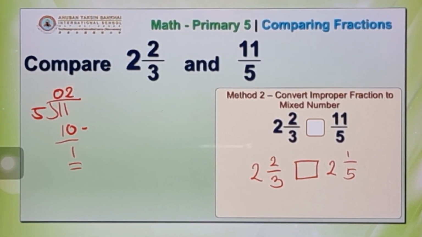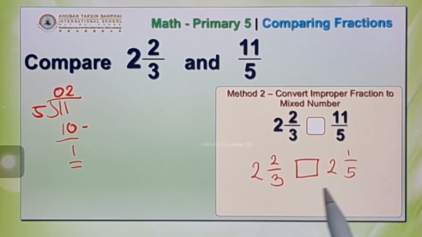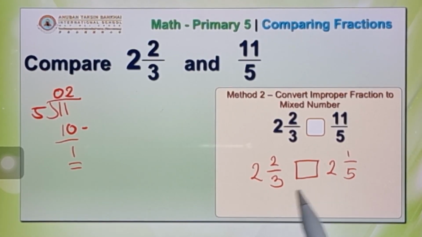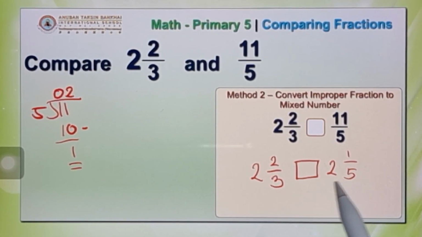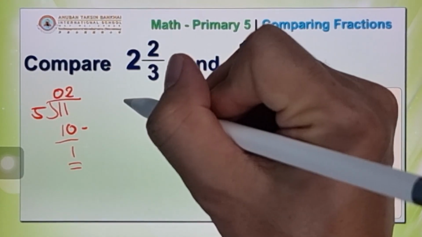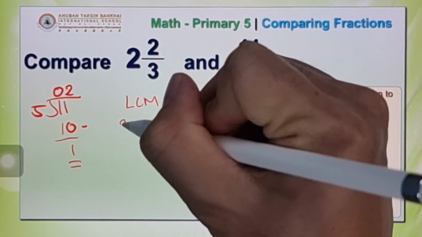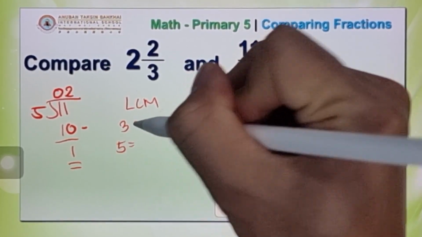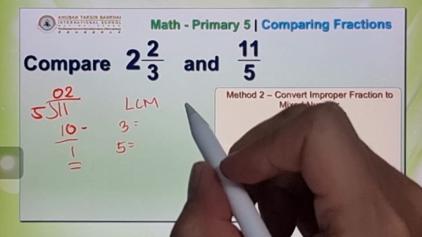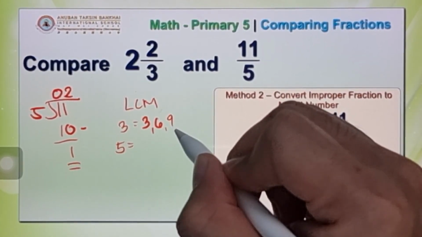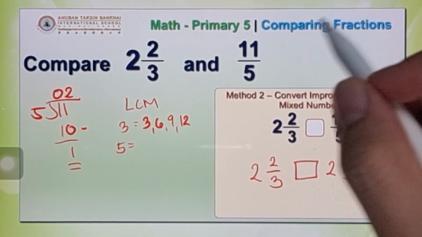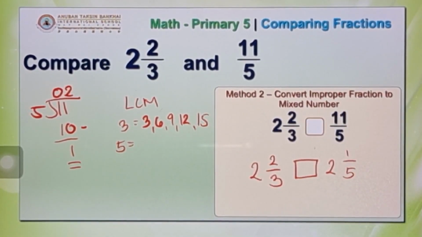Okay, now take note that our denominators are not the same. Since our whole numbers are the same, we need to check our denominators. So 3 and 5, what's the LCM of 3 and 5? So let's try to write. We have 3, 6, 9, 12, and 15.